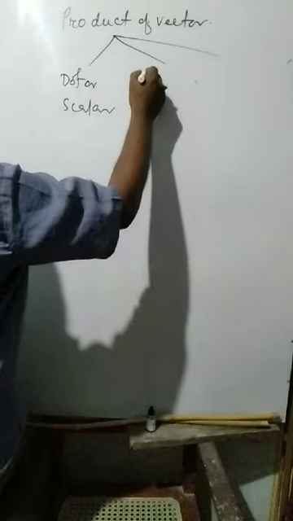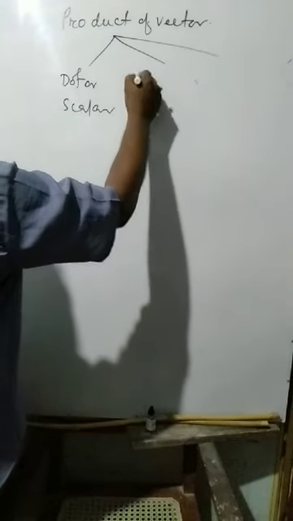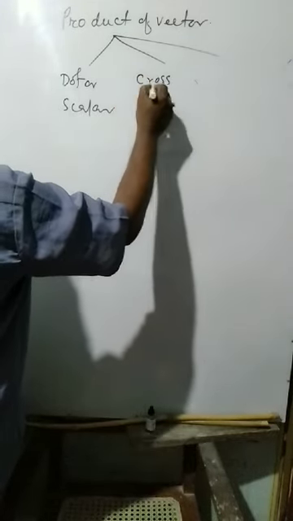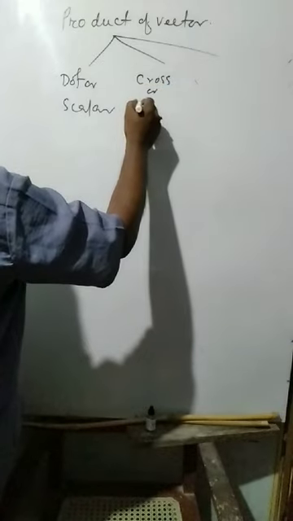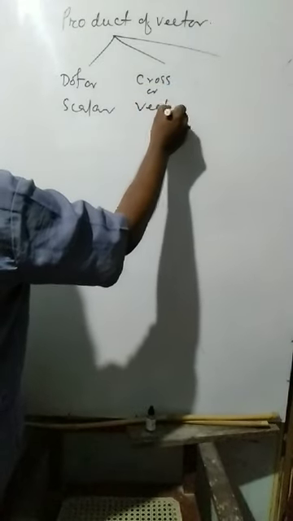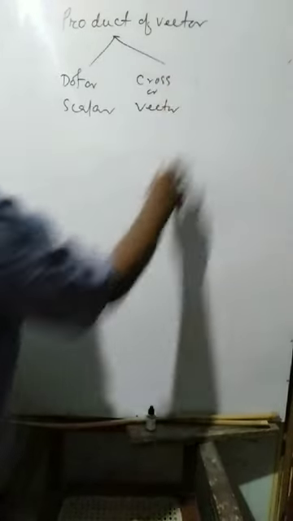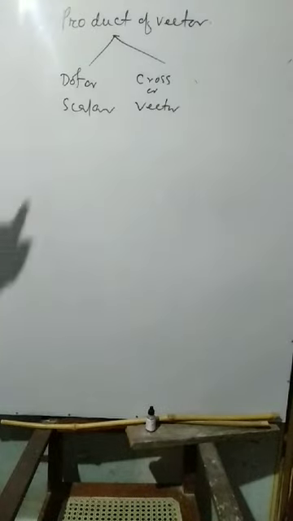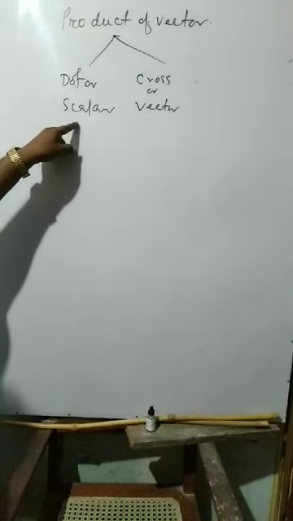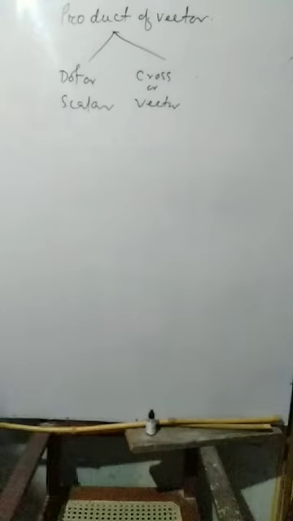Second one, the cross or vector product. So there are two types of product, the dot or the scalar product, and the second one is the cross or vector product. Okay. So what is the scalar product? What is the vector product?